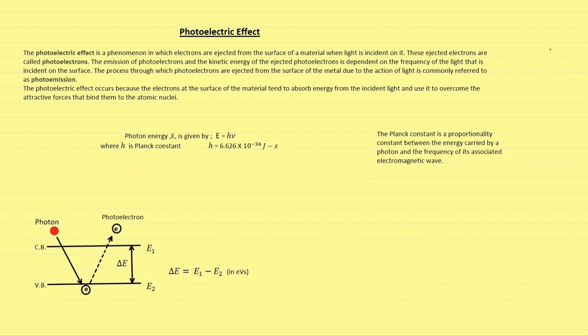Now we will be discussing the photoelectric effect with respect to semiconductor. As you can see in the diagram, a photon hits an electron leading to its transition from valence band to conduction band. In the shown diagram, E1 and E2 are the energy levels of conduction band and valence band respectively.